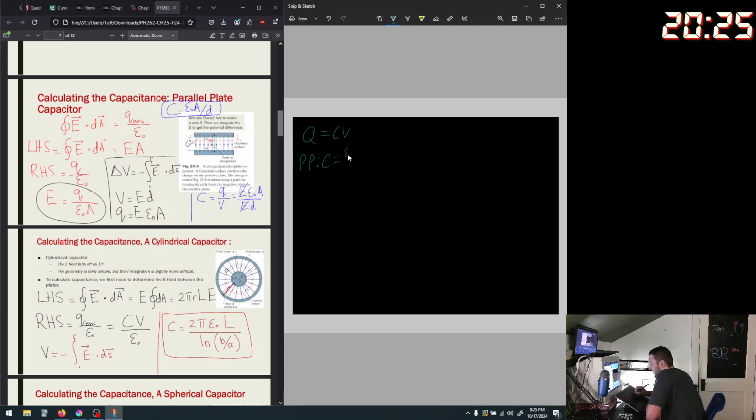C equals epsilon 0 A over D. What else do we need to know?